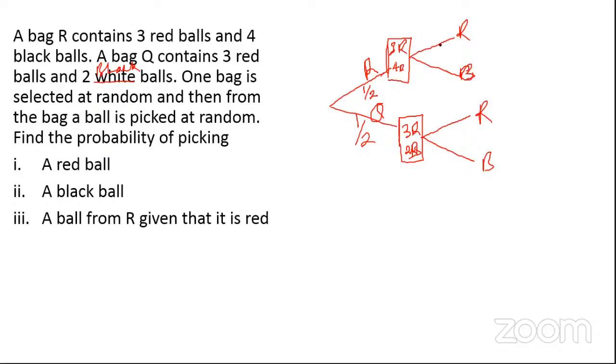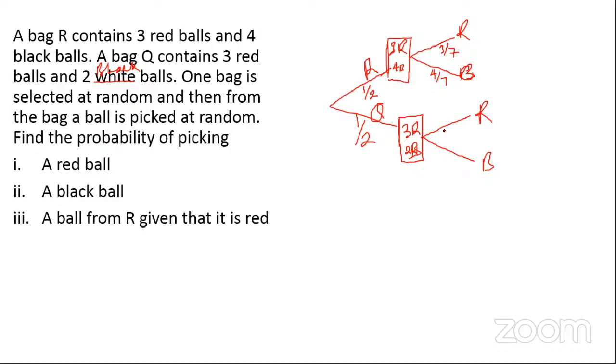So the probability of picking a red ball from bag R will be 3 divided by the total, which is 7. Then picking black from the same bag would be 4 divided by the total, which is 7.